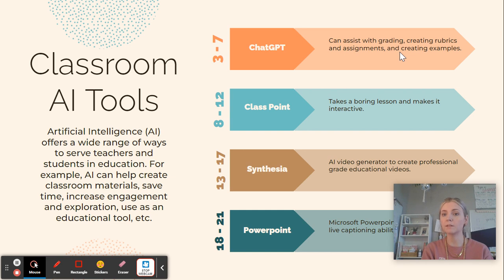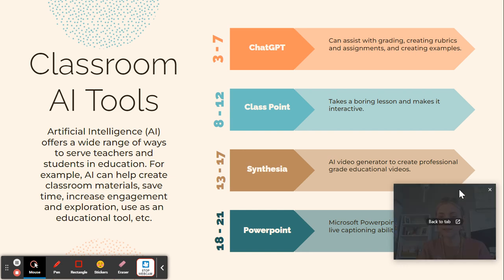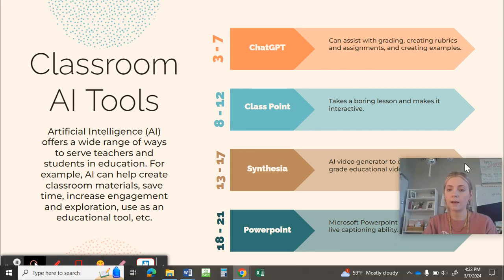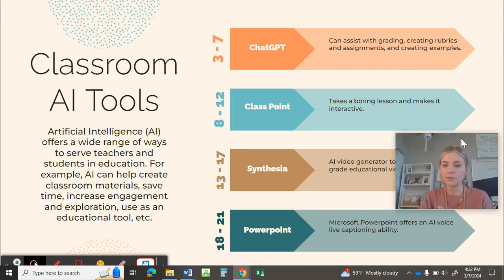ClassPoint takes boring lessons and makes them more interactive for students to engage with. And then Synthesia is an AI video generator to create professional grade educational videos. And then PowerPoint, although this is not an AI tool, it has AI capabilities. It offers a voice live captioning ability, and so I'm going to be focusing on that element of PowerPoint today.